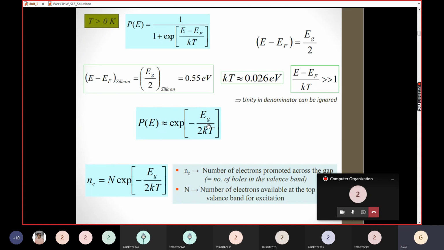See here, we have the temperature greater than 0K, because the minimum temperature for satisfying the Fermi level energy gap is 0K.